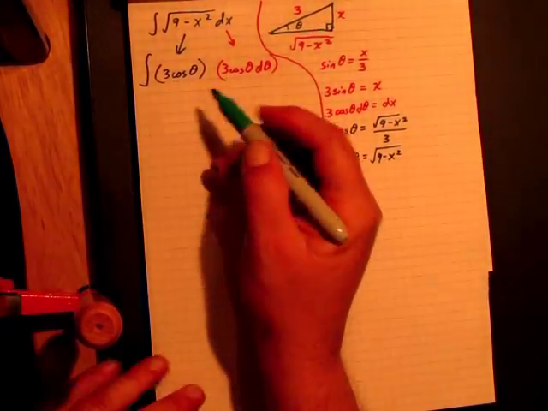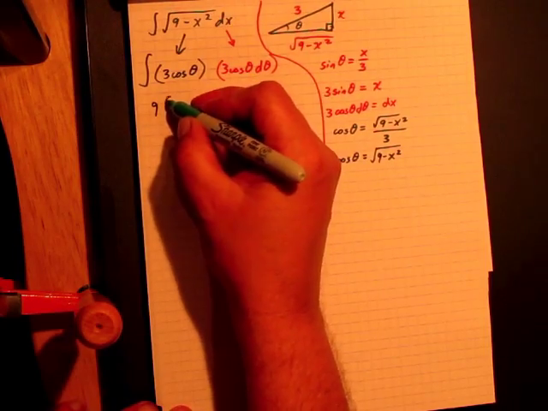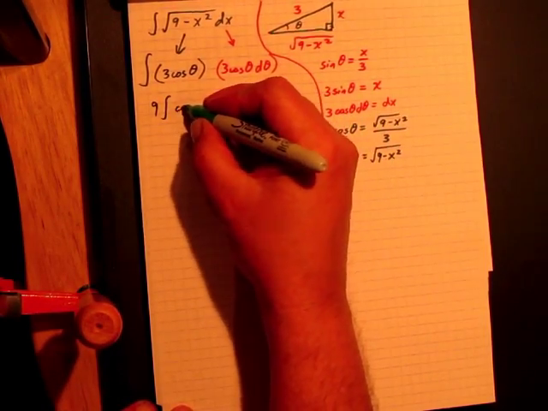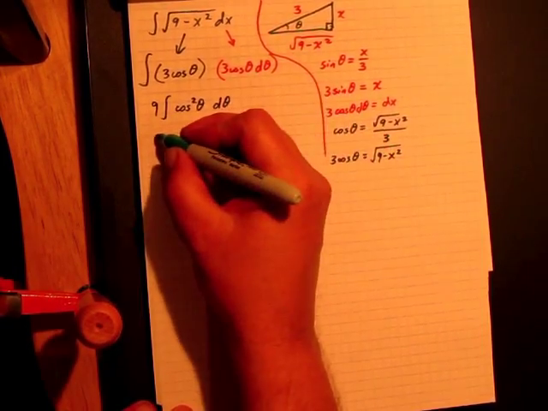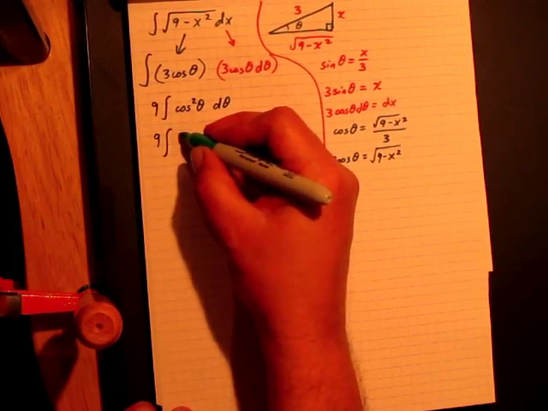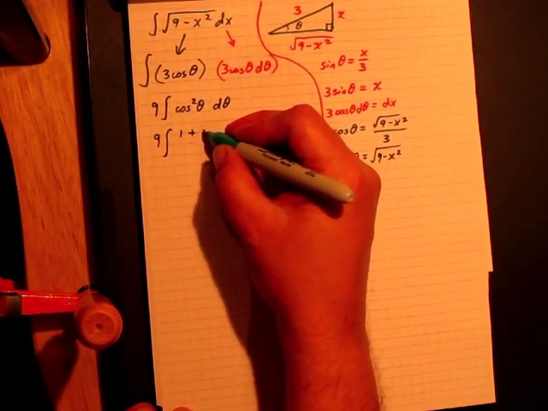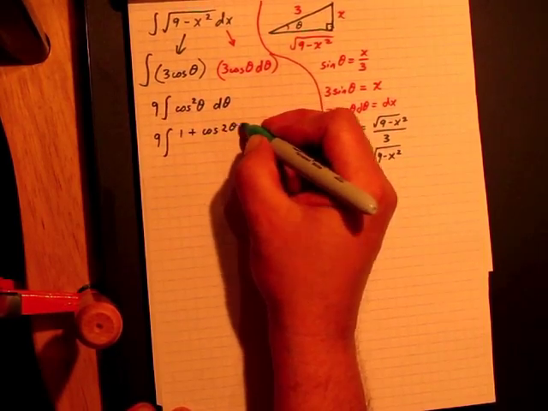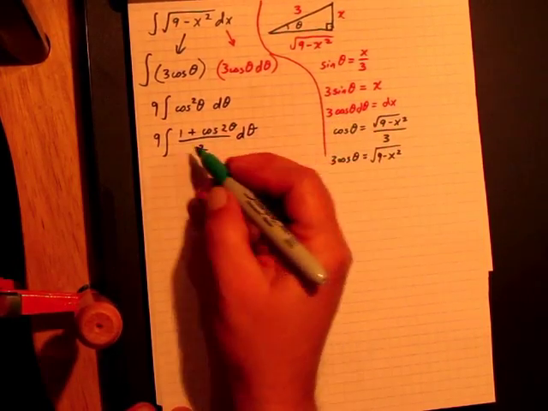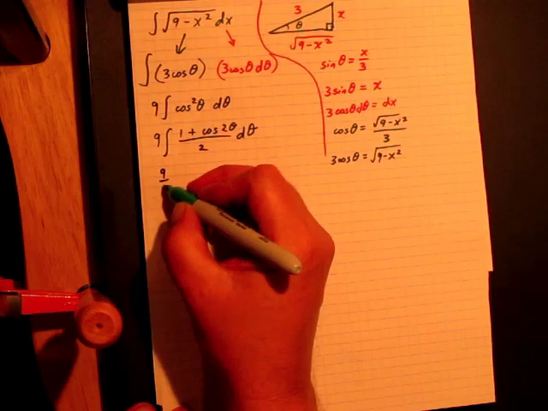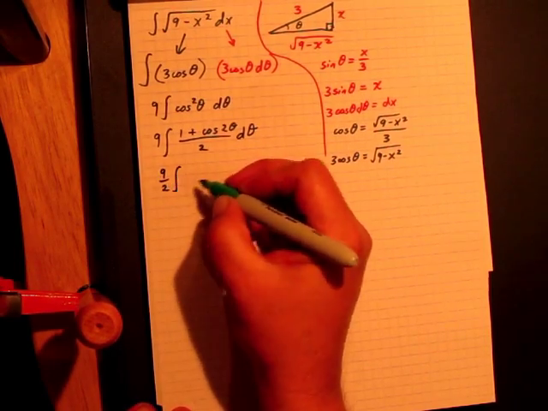At this point, 3 times 3 is 9. I'm going to factor it out front. Cosine times cosine gives me a cosine squared. There's an identity for cosine squared where it becomes 1 plus cosine, in this case 2 theta, over 2. Factoring out the 1/2 makes this a 9/2.